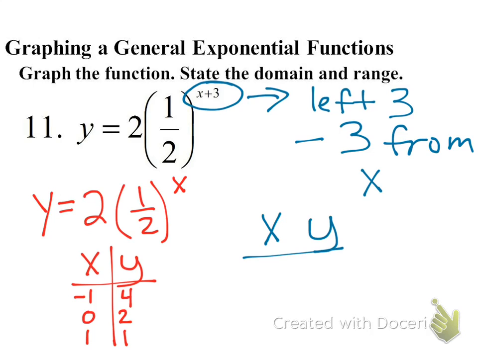The book recommends graphing them both. I think the table is a lot easier. So I'm going to just take 3 away from each of my x values. That's going to cause the whole graph to shift left 3 spaces. So this would put me at -4, 4, -3, 2, and -2, 1. And then I would go through and graph those 3 points.